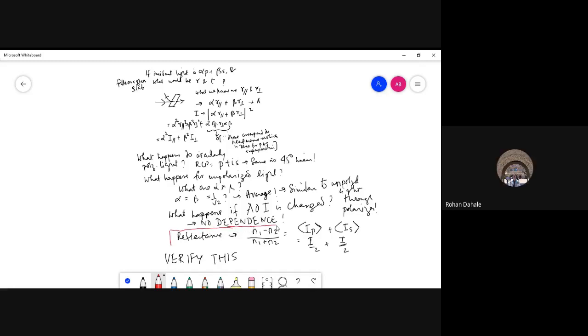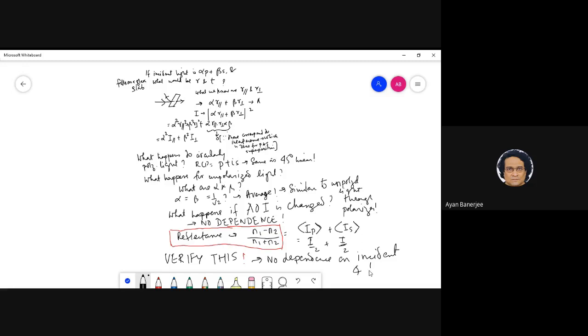Sir, what was the conclusion of the discussion? That what is the reflectance? And the conclusion is that there is no dependence on incident angle. This is really strong, right?